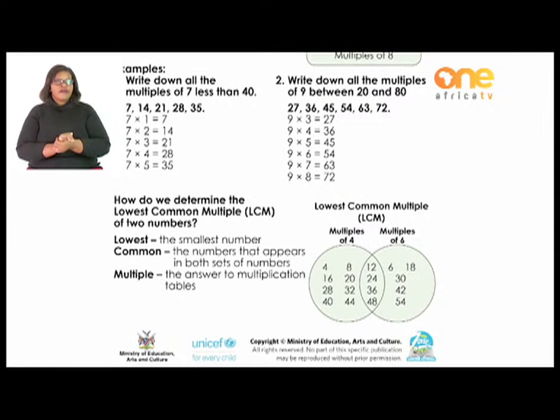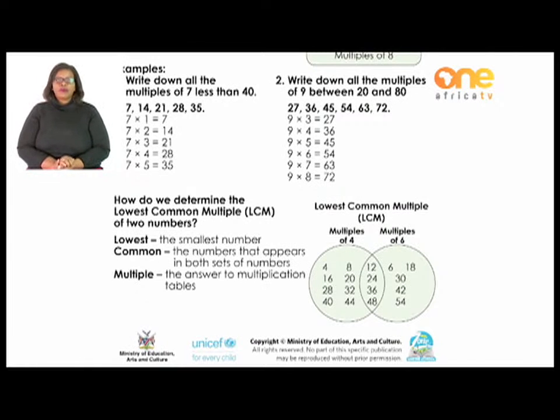How did we find those numbers? If we multiply 7 by another whole number, we find the answer of those numbers. 7 times 1 up to 7 times 5, which is equal to 35, because our question is all the multiples of 7 less than 40.